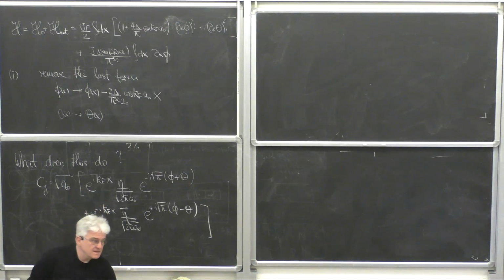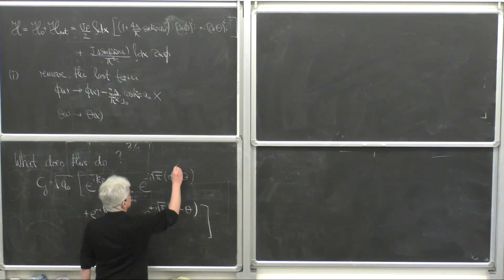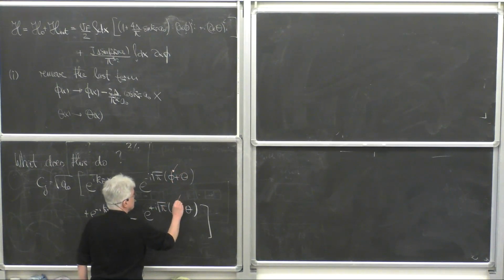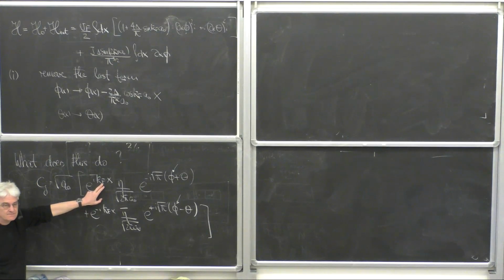Now the point I'm trying to make is that if I do this field redefinition, I change what is sitting here, and I pick up a term which is proportional to x. So what the term does, it shifts kf.